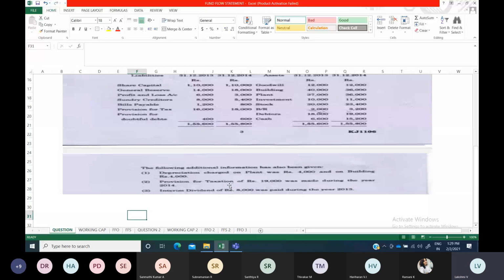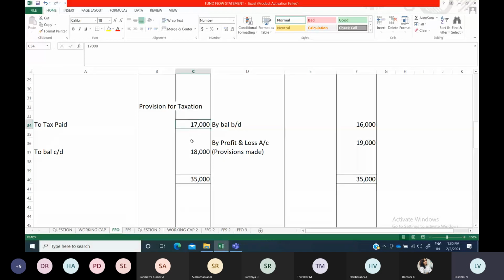In certain questions, they will give you the tax paid amount, and then you can easily find out how much provision they have created. In this question, they have given this one. So what I did, in the same manner as I usually balance my account, I balanced my account and found out the balancing figure. So this is the balancing figure here.